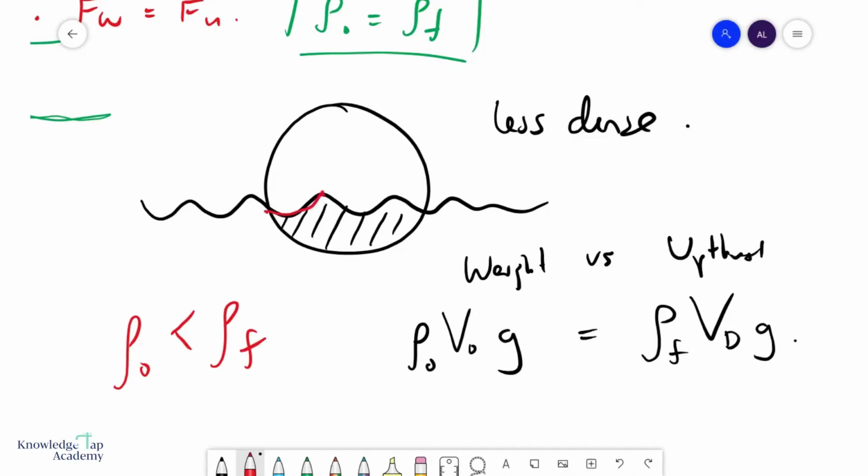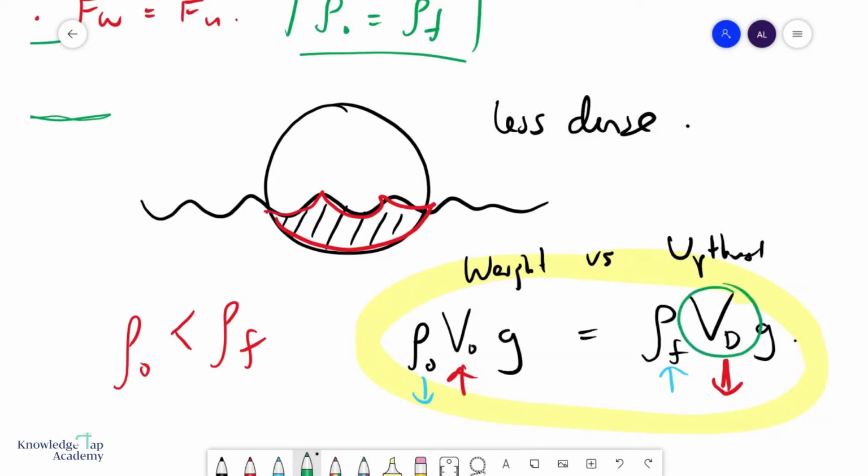So now the volume displaced is less than the volume of the object, and this should equal how much less dense the object is compared to the fluid, in an effort to balance these two things. Therefore, when an object floats, it must be partially submerged, because you want to reduce the volume displaced so that you can balance the weight and the upthrust.